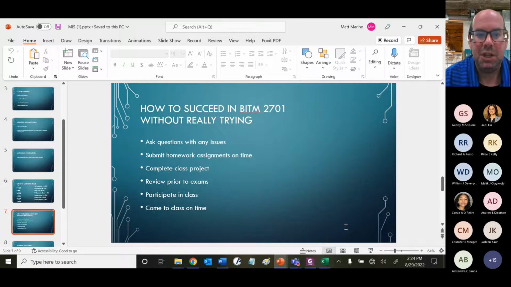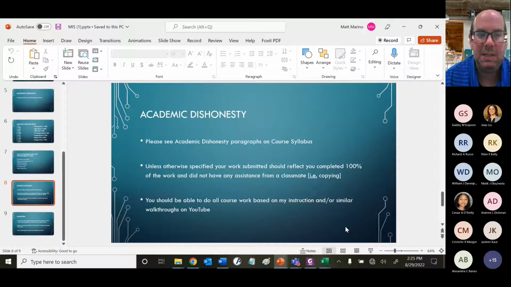Complete that class project, which is the group work for Access and SQL. Review prior to the exams. Like I said, we do basically a practice for the Excel one in class. We set up your Access exam in class, the class before. Participate and come to class on time. So pretty simple, pretty easy.